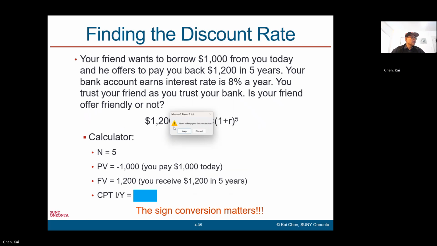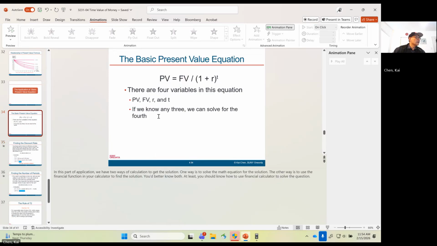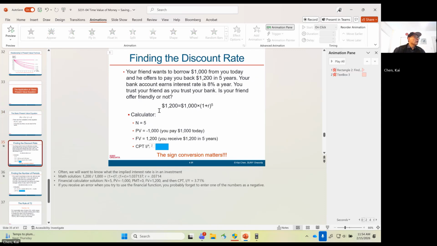I want to revise it before I forget. Your bank account earns an interest rate of 8% a year.